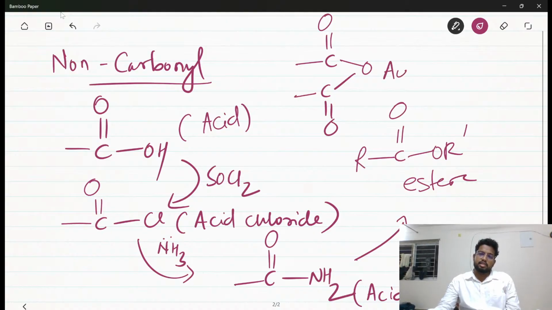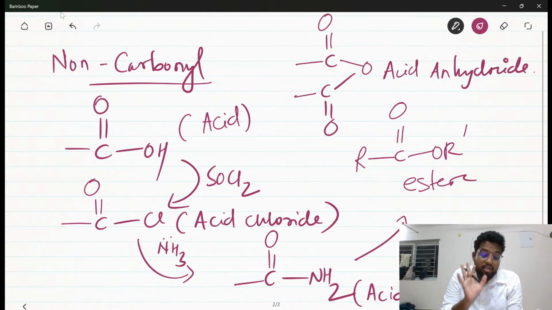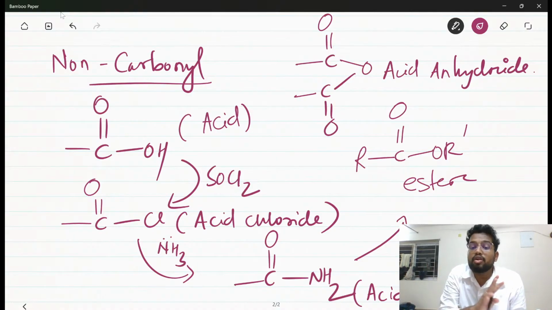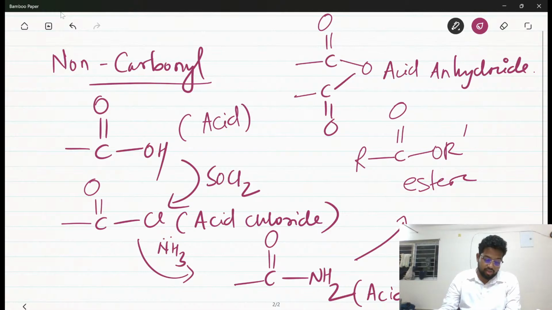Here we got this as acid anhydride. So all these are functional groups, but they are not carbonyl functional groups. They are acid and acid derivatives. They are non-carbonyls. So our first topic depends upon carbonyl.